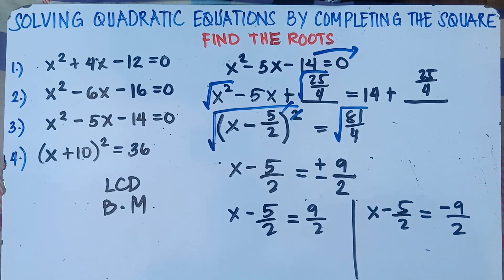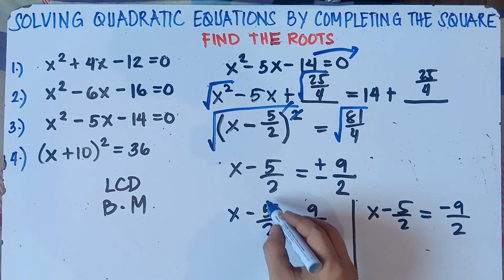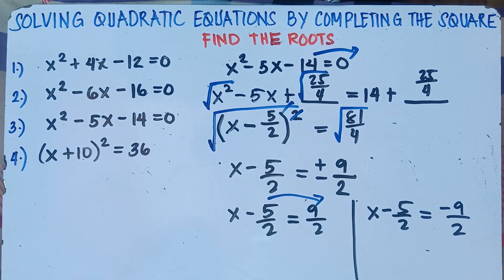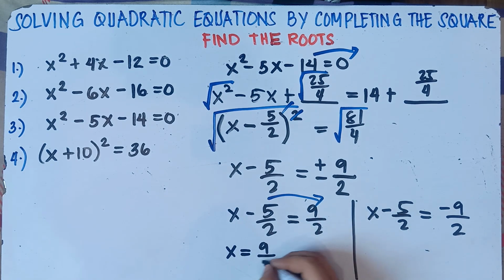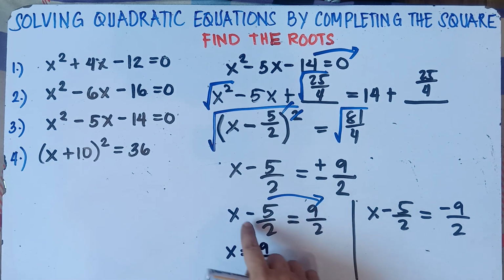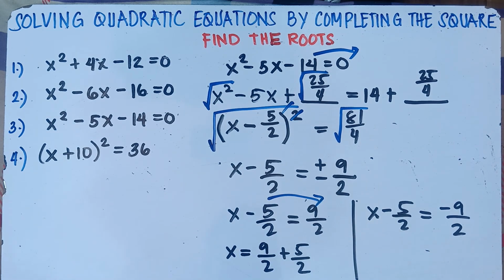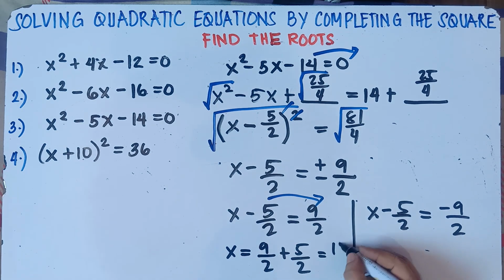Alright, and the next step, class, we transpose this negative 5 over 2 from left to right. So this solution, class, will be x equals, copy 9 over 2. Now we transpose negative 5 over 2 from left to right. We change the sign. This is negative, it will be positive 5 over 2. And then we combine, class. 9 plus 5, that's 14.